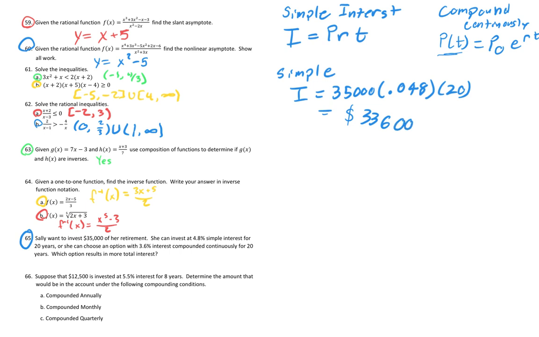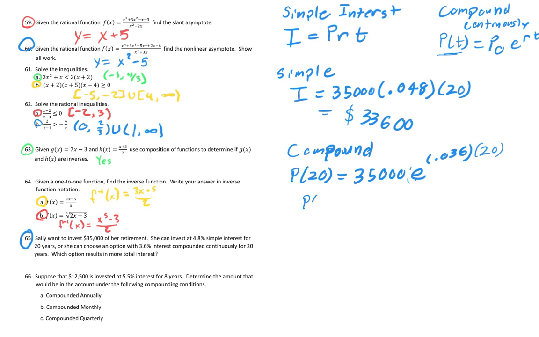Now looking at our compound rate, we know our principal value at time 20. We're going to have our initial of 35,000 times e to the power of r, which is 3.6%, which we convert to a decimal of 0.036, and then times our t, which is 20.